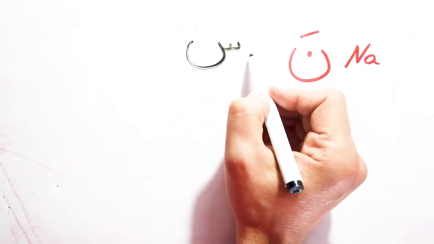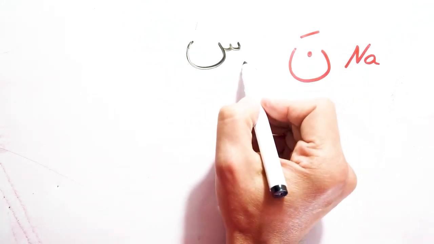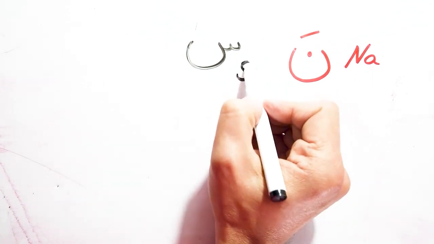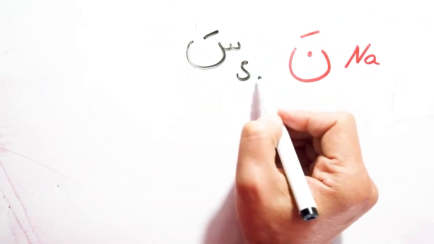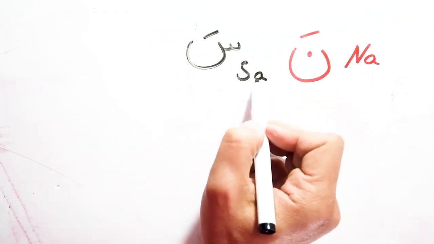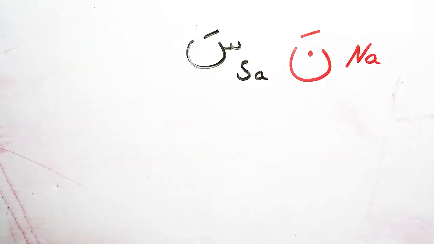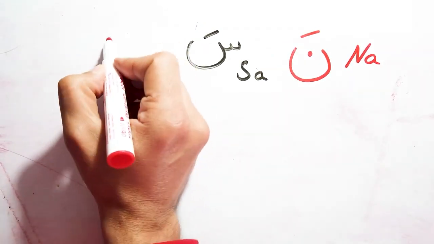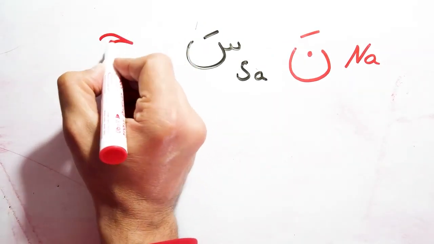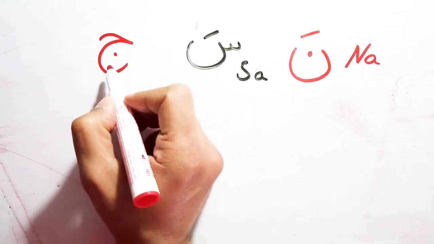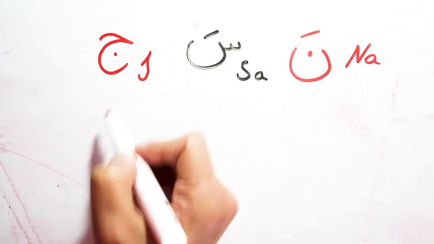This letter sounds like letter S in English. Se. And the last one is J. This letter sounds like J in English.